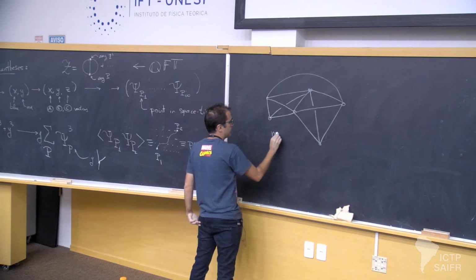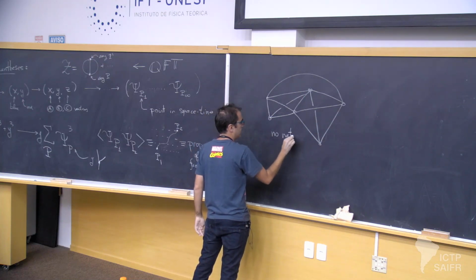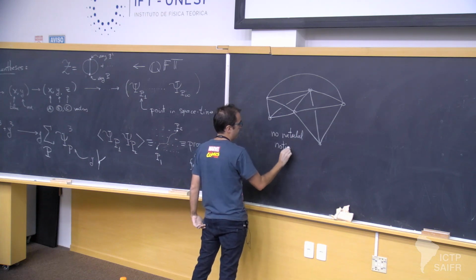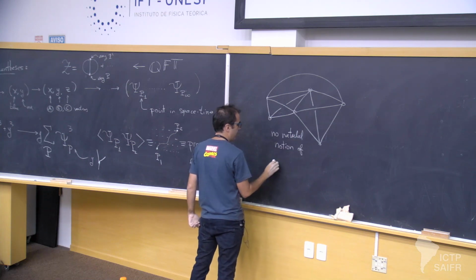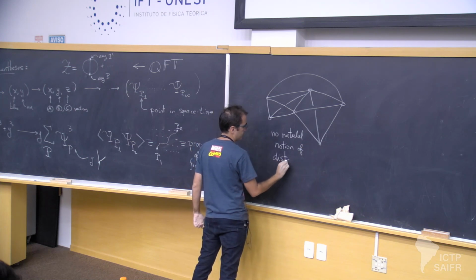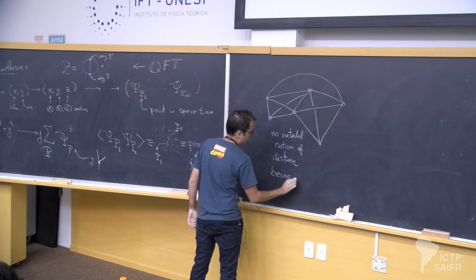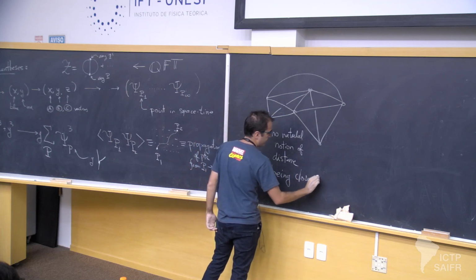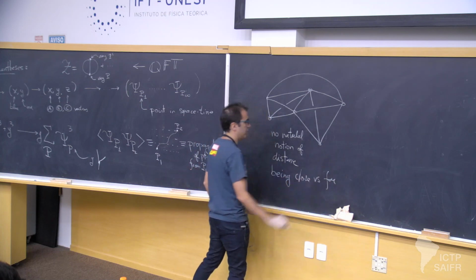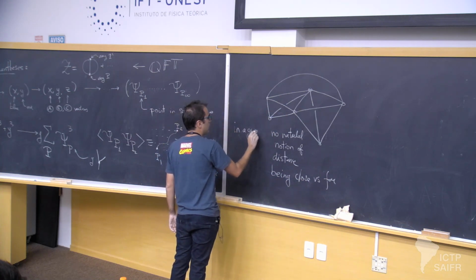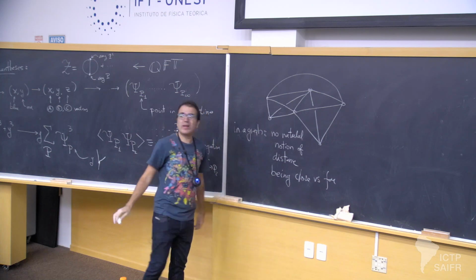There is no natural notion of distance, or even of being close versus far, when I draw in a graph. So it's not 100% true.